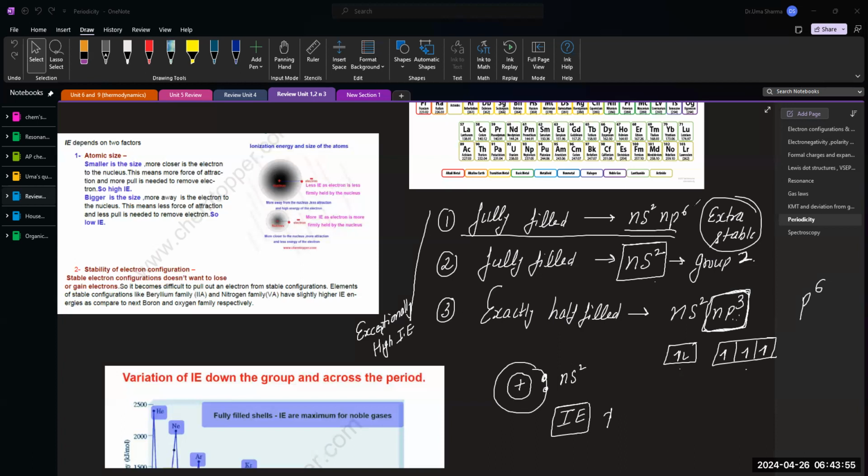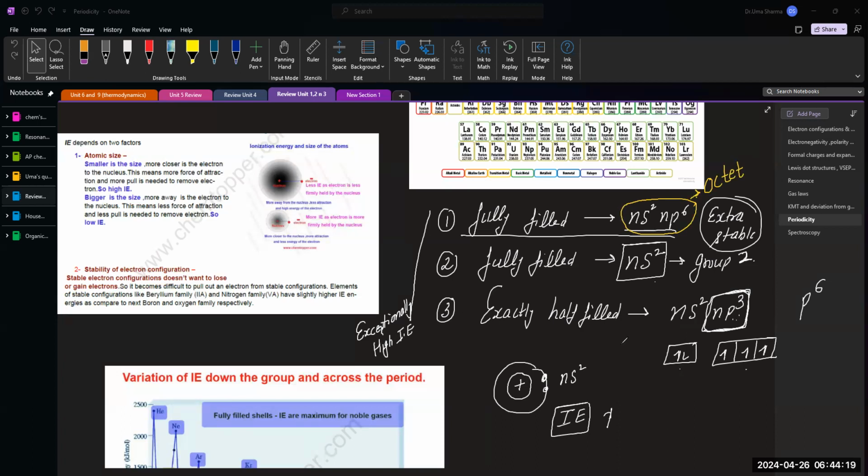They have a full octet. Octet rule, magic number 8. They have full octet. Right? That's why. 8 valence electrons. Yes, it's a noble gas with 8 valence electrons. 8 is the magic number. Elements, they all want to have 8 in the outermost shell. But yes, then we did expanded octet also later on.